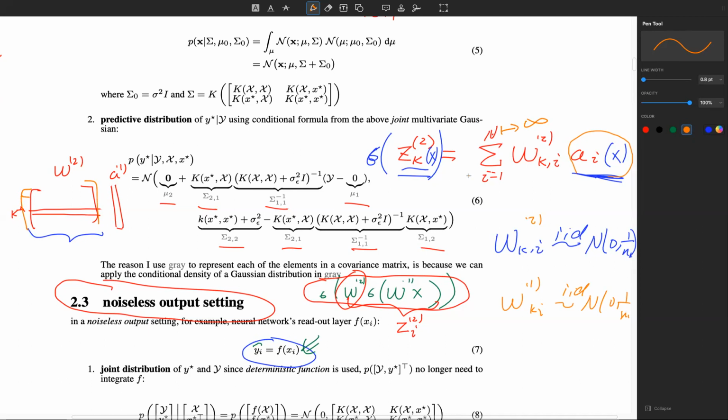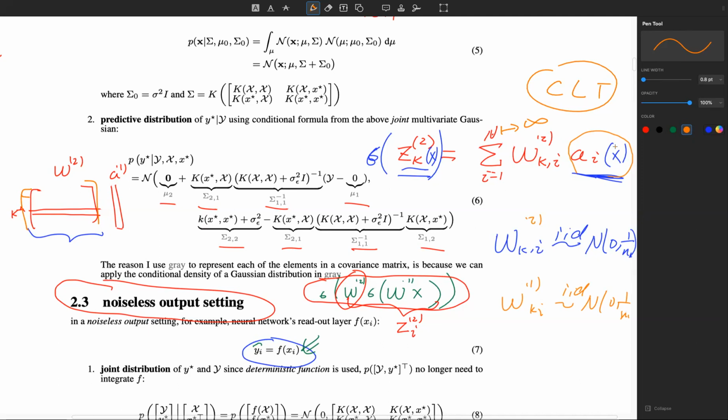Because of, yes, the central limit theorem, right? Who cares about the distribution? What does the central limit theorem tell you? As long as you have i.i.d. random variables, you don't really need to care what kind of distribution each of these random variables has.